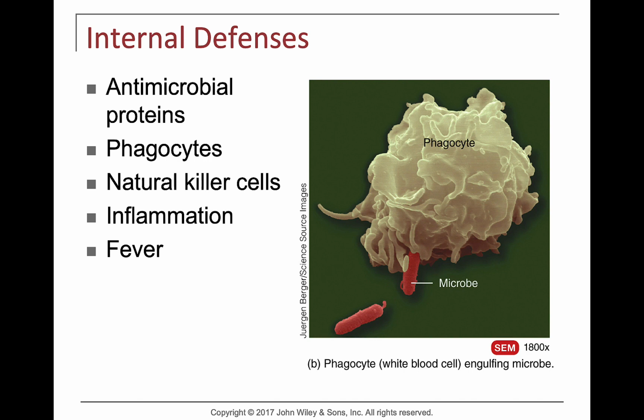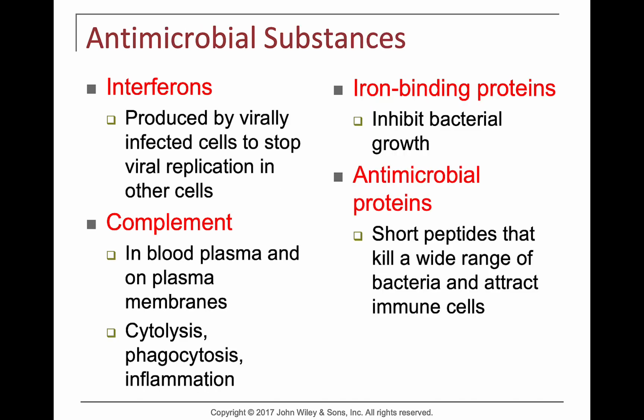The neat figure from a scanning electron microscope shows a phagocyte engulfing microbes, one of the most common internal non-specific defenses your body has. Now, all of these red items listed are antimicrobial substances, and that means these are things that are non-specific that help to kill microbes from the body.